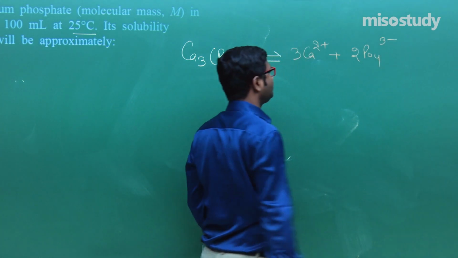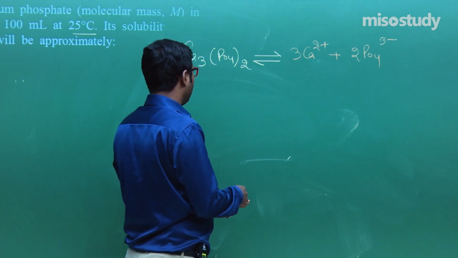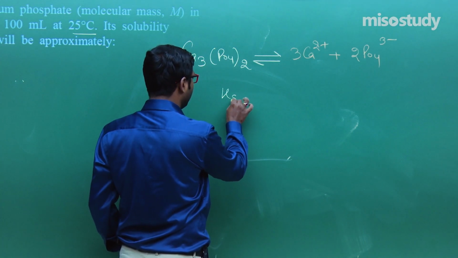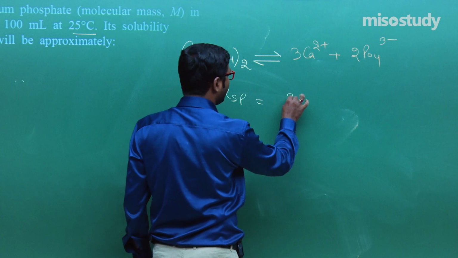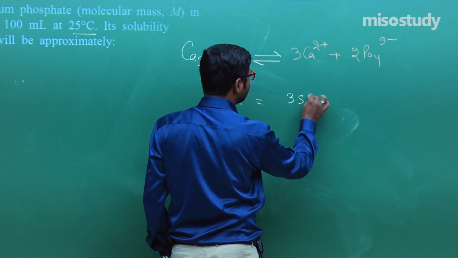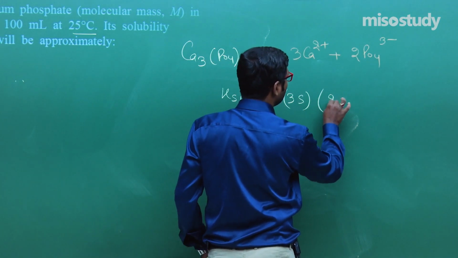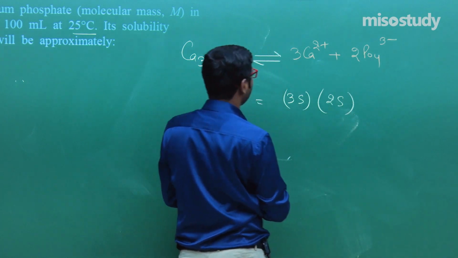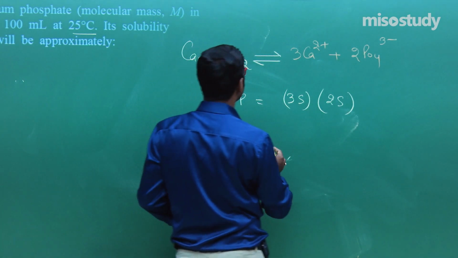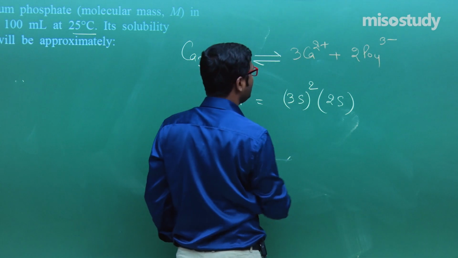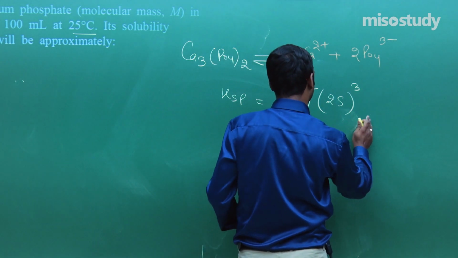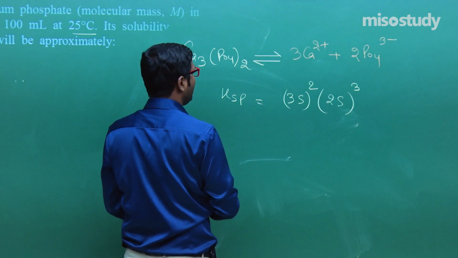This is the formula. Now what is the Ksp value here? Ksp is equal to 3S into 2S. Clear to you? 3S to the power 2 and 2S to the power 3. That is the value of Ksp.